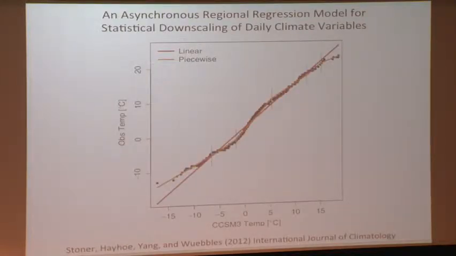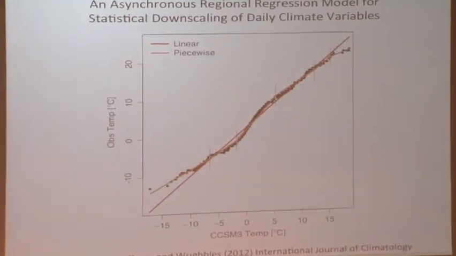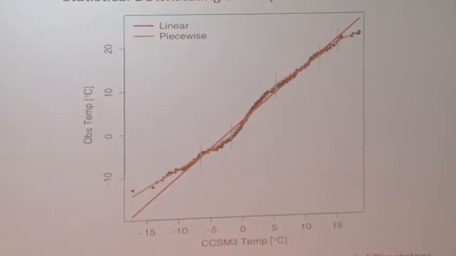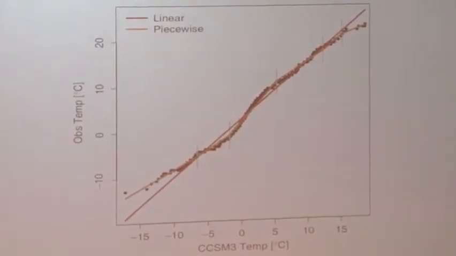Katharine Hayhoe and her colleagues have developed a new statistical downscaling technique called the asynchronous regional regression model. In the past, what we did to connect a model output to an observed temperature is plot the data, the black dots there, and put a straight line through that data and say that's the relationship. So when you get a model output, you statistically downscale it to an observed temperature at a grid cell or a particular station.